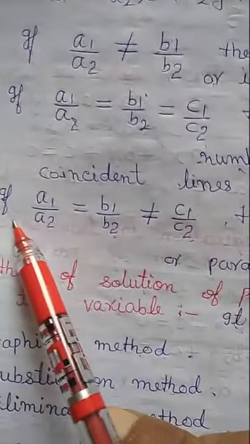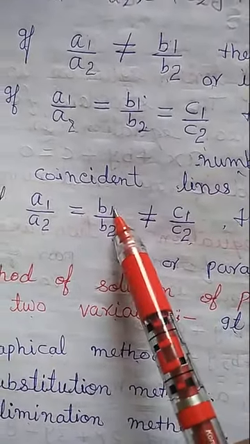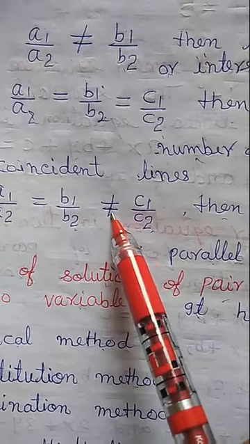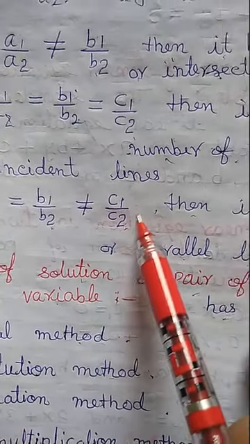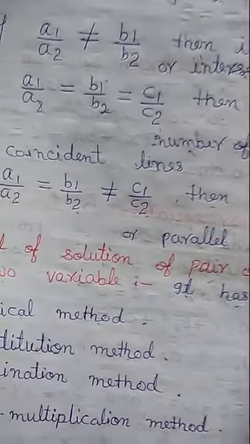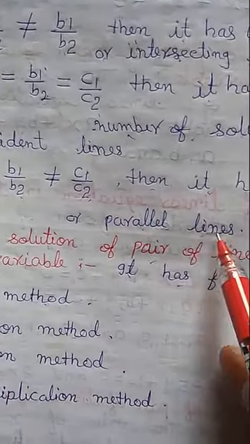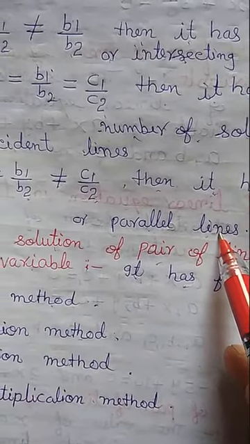Third, if a1 by a2 equal to b1 by b2 not equal to c1 by c2, then it has no solution, or parallel lines, or it is inconsistent.